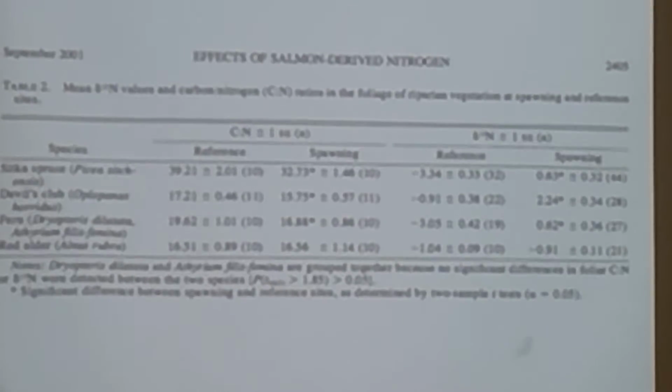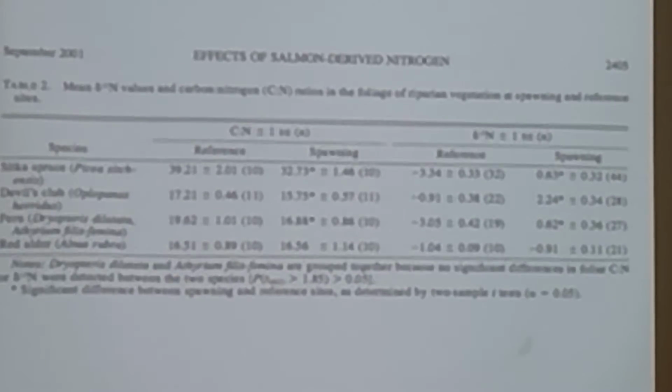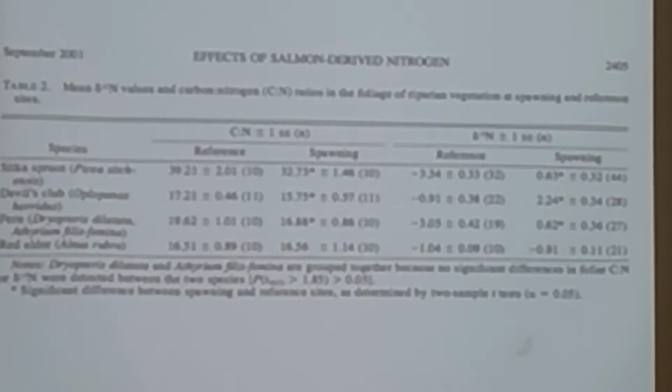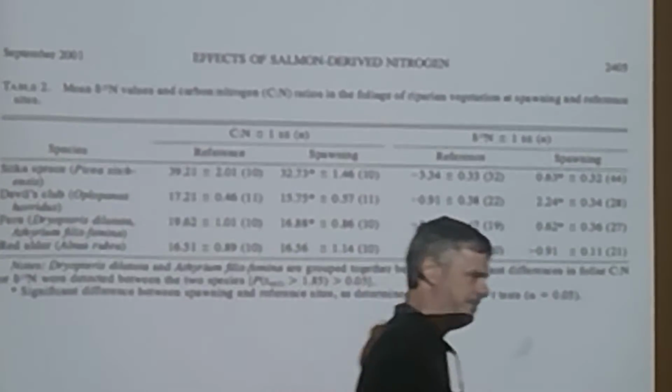All right, so with Sitka spruce, what does our data tell us about Sitka spruce in spawning versus non-spawning or sort of salmon-free streams?